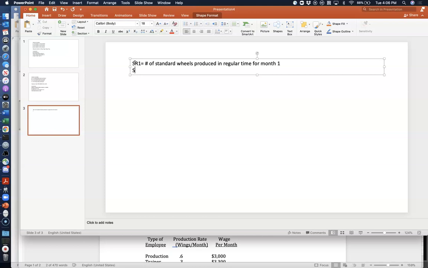So similarly, I'm going to have SO1, which is the number of standard wheels produced in overtime, not regular time, but in overtime, for month 1, right?